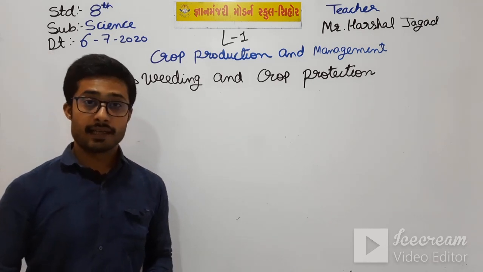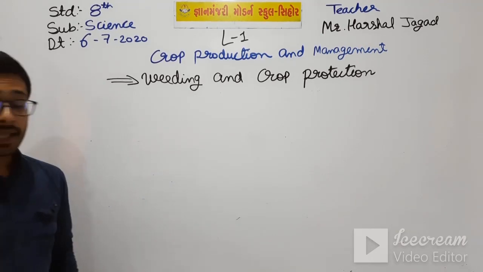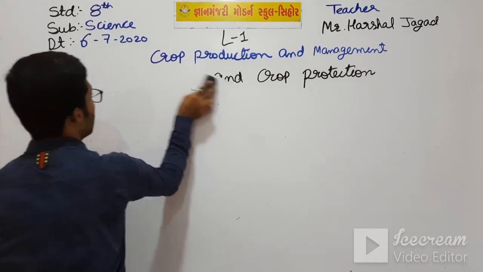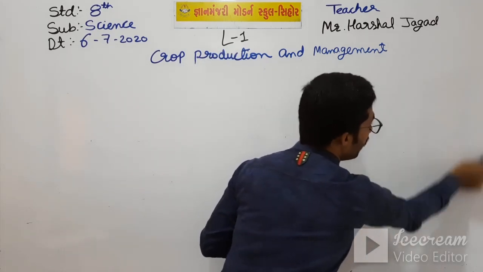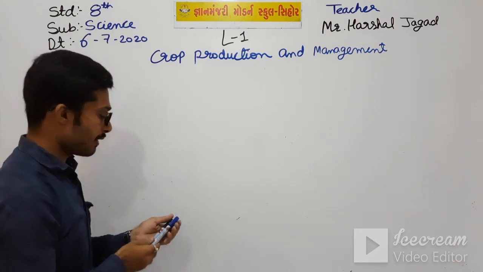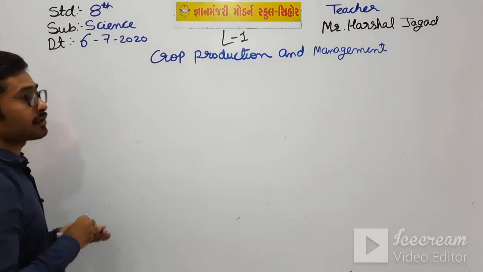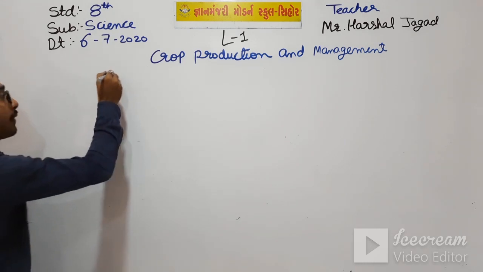Then after this process, when the grains are removed from the crops we have to store them. So there is one process which is known as storage of harvested crop.